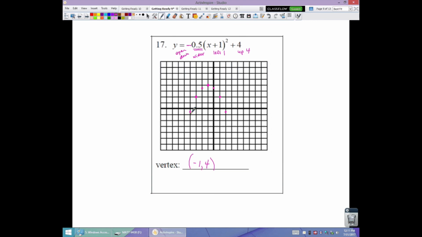I could even go another one. Normally, to the side 4 spaces would put me up 16. Multiply that 16 by -1/2, I'm going down 8. So 2, 4, down 2, 4, 6, 8. All right, so I can have a really accurate graph on this one. Since it got wider, it allows me to fit more points on this grid.